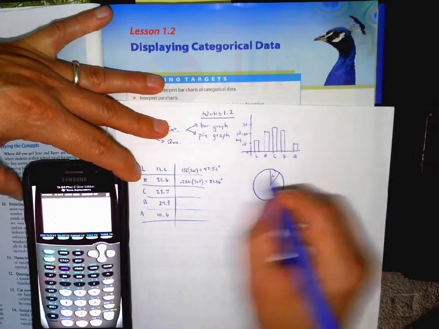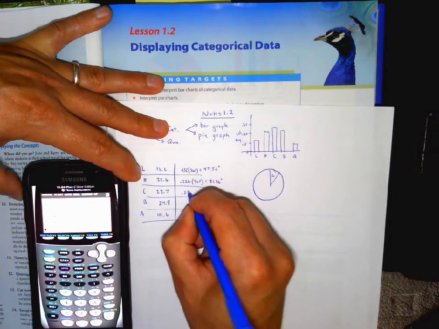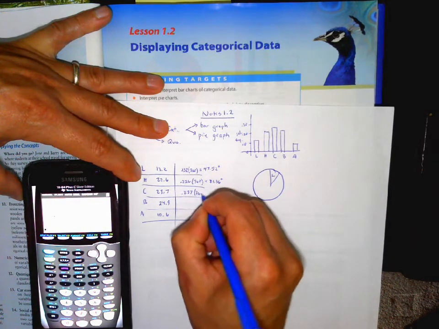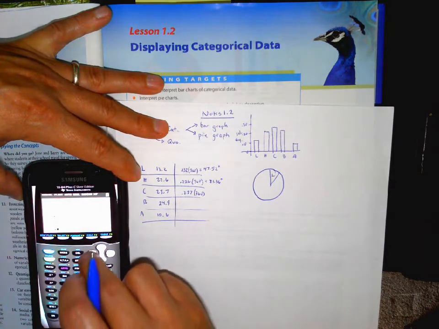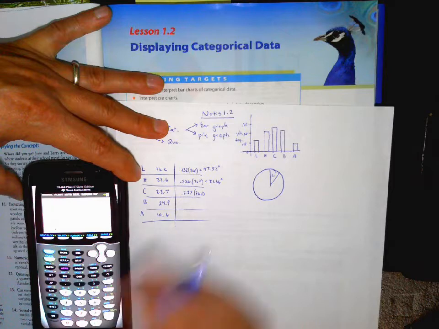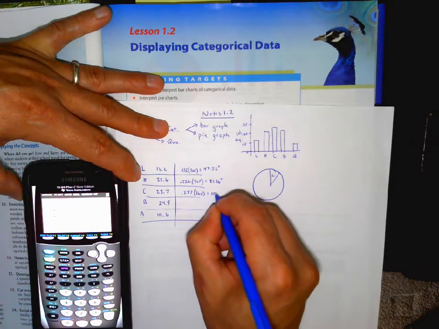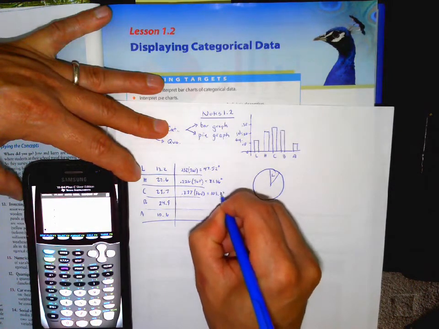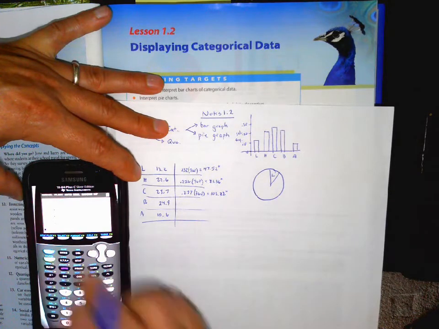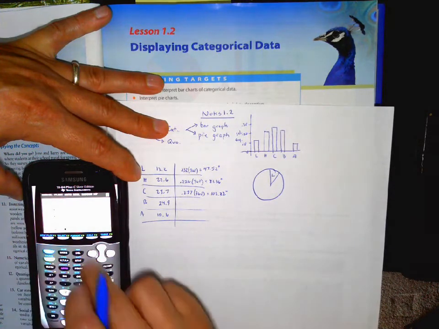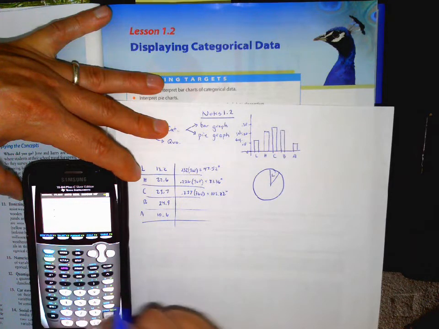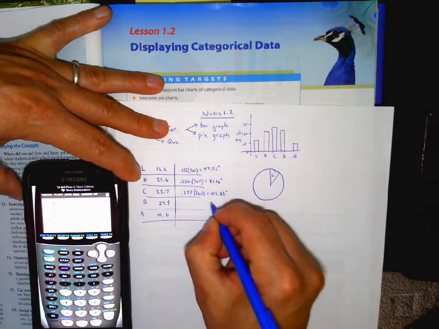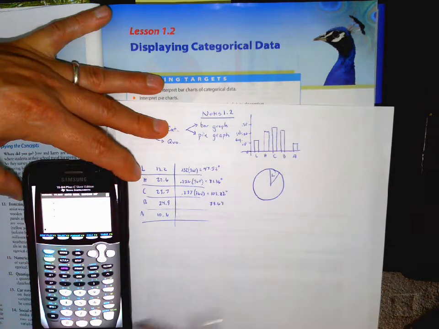And I'll keep doing the rest of them. 0.287 times 360 gives me 103.332 degrees. The next one comes up to be 89.64 degrees.